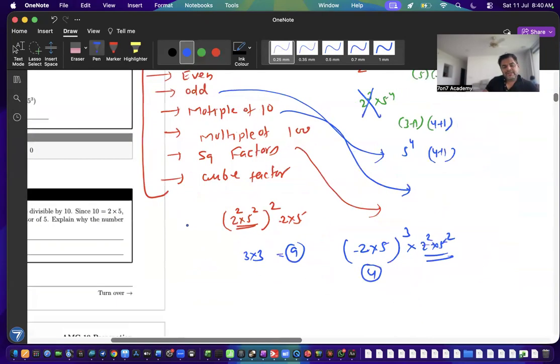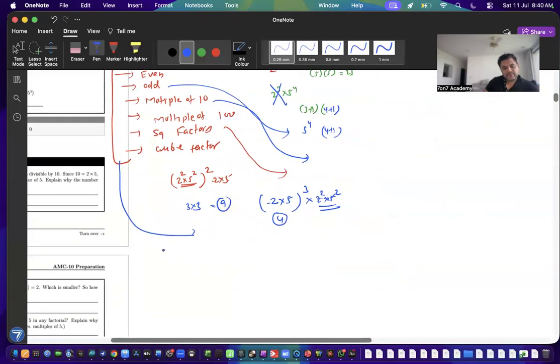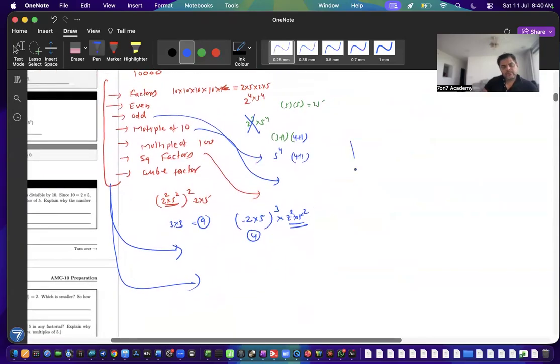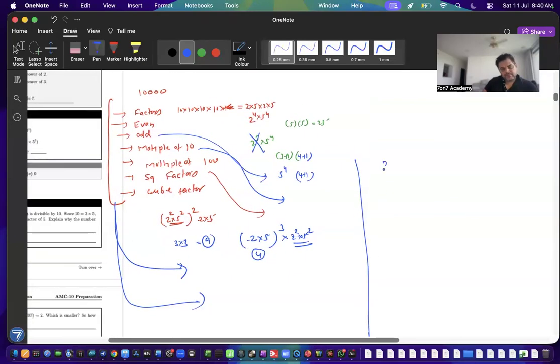So what is the addition of the factors and what is the multiplication of the factors? How to get addition of the factors if you have 2 raised to 4 into 5 raised to 4 as the prime factors? So you do 2 raised to 5 minus 1 upon 2 minus 1 into 5 raised to 5 minus 1 upon 5 minus 1.